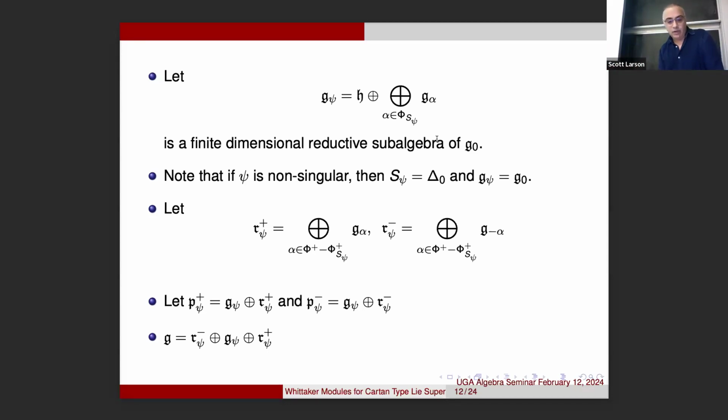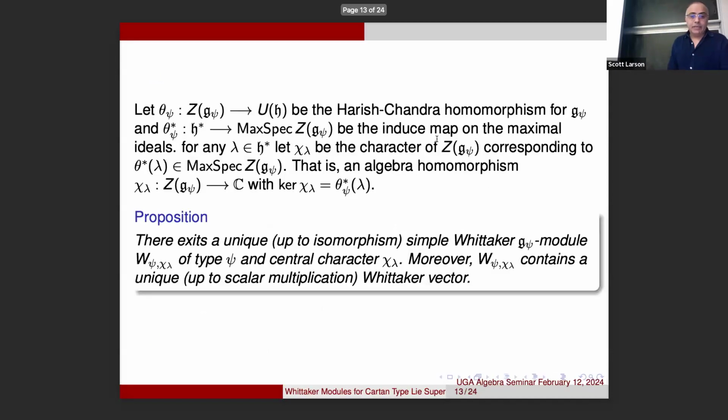Which I denote by R psi plus and R psi minus. Okay, so what is the first result? You look at the modules for G psi. Kostant proved this result for semi-simple Lie algebras. Since G psi is reductive, we have almost the same result using the same proof.